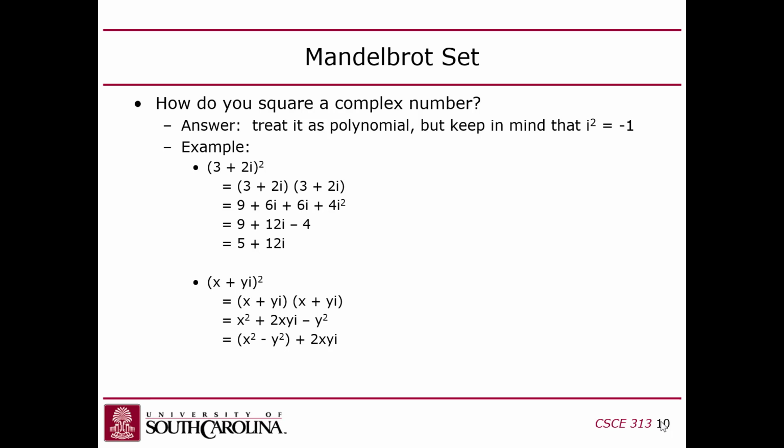My real part: you just square the real and the imaginary parts and take the difference. That'll be the real part of the result. And the imaginary part is going to be 2 times the real part times the imaginary part. Okay?